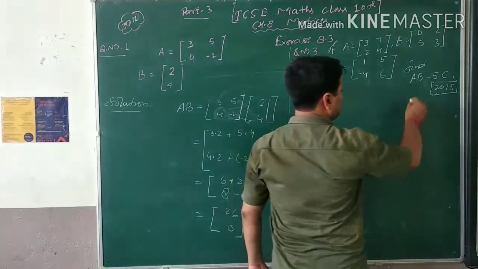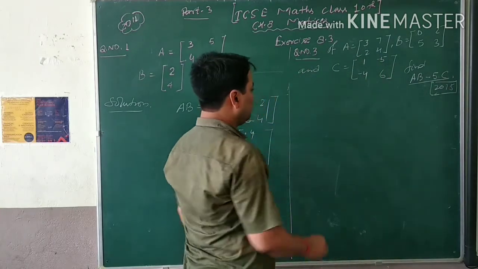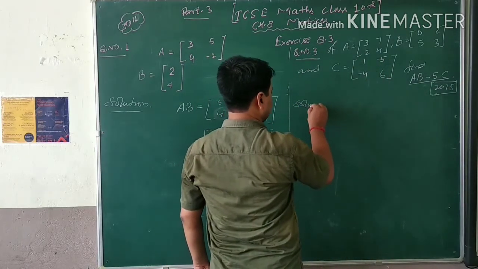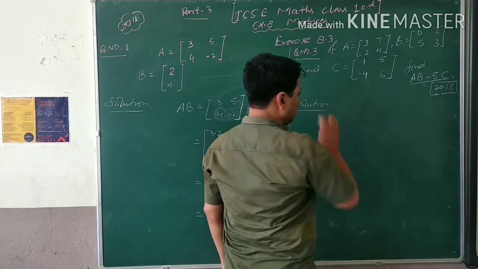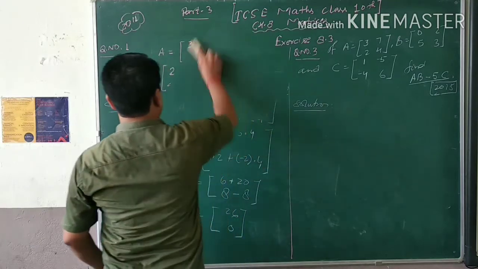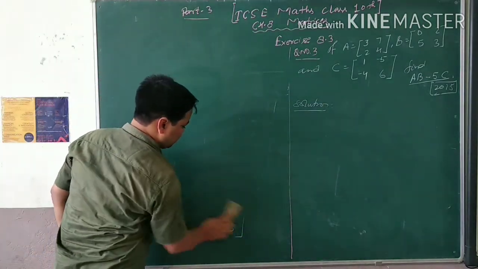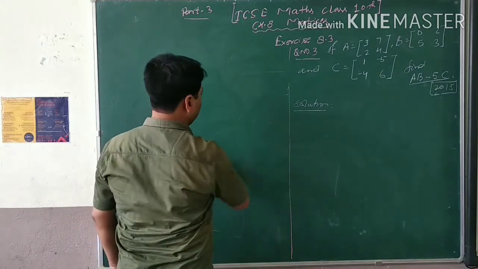And we have to find the value of AB minus 5C. First of all, let us see how you should write and solve it, the fair copy in the exam, if this type of question is asked.